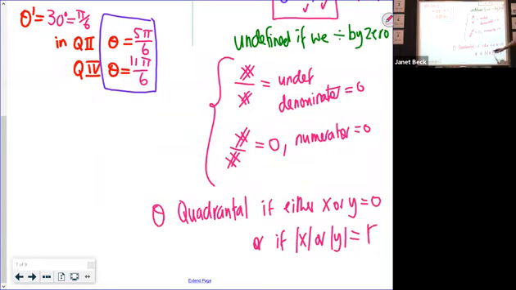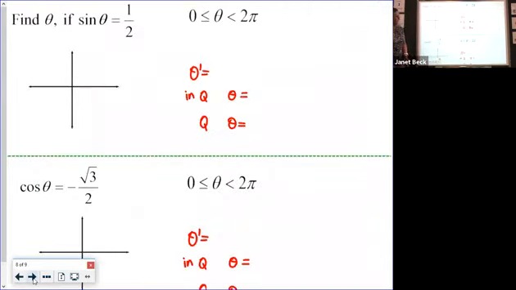If the radius is the same as the leg, you haven't got a triangle, you've just got a straight line. If one of the legs is 0, you haven't got a triangle, you've just got a straight line, and your angle is quadrantal. Okay? We have 5 minutes left and 2 more questions. So I'll leave you with those and I'll give you the answers in about 2 minutes, 3 minutes.